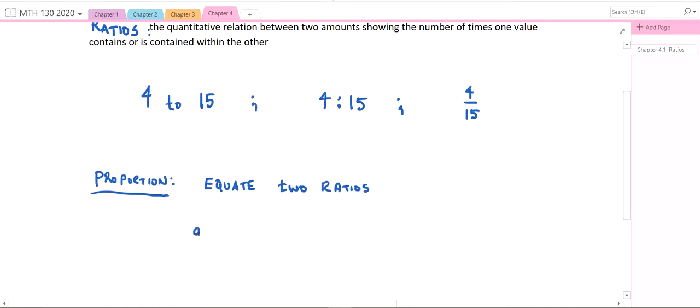So we might say A to B equals C to D. The values A, B, C, and D might all be different, but they relate to each other in the same way. So 3 to 4 might be equal to the ratio 36 to 48.